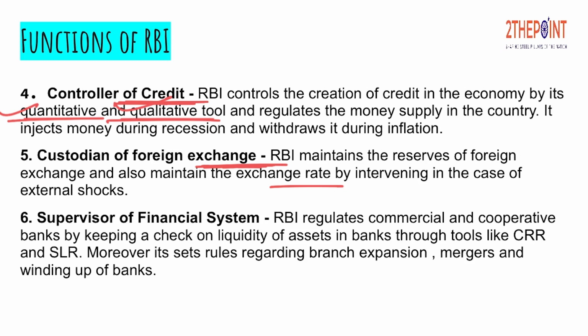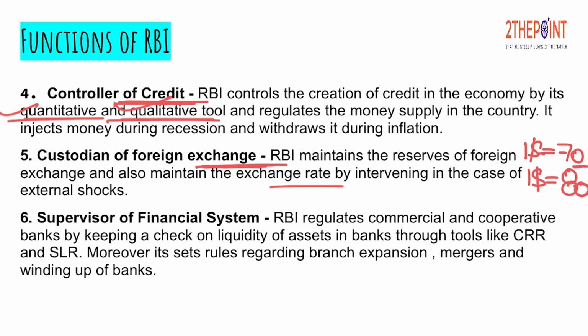For example, suppose $1 is equal to 70 rupees, and such a situation arises that the dollar becomes expensive, and then $1 is 80 now. So in the earlier case, to buy $1 you have to spend 70.